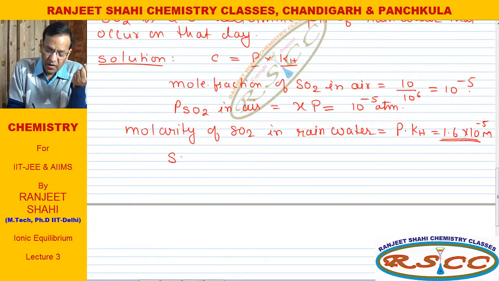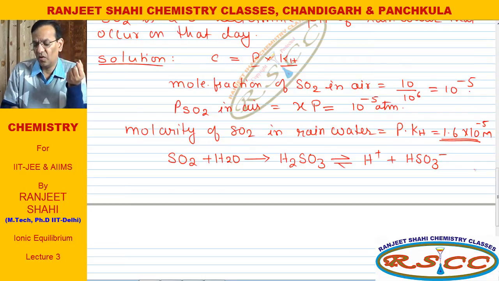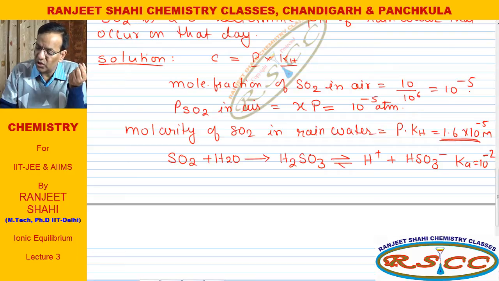Sulfur dioxide dissolves in water to form sulfurous acid H2SO3, which behaves like a weak acid and ionizes like this, for which pK is given, that means K is 10 raised to the power minus 2.